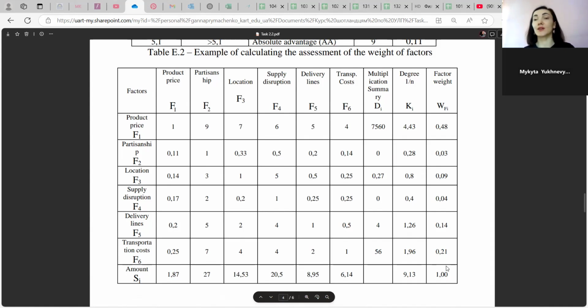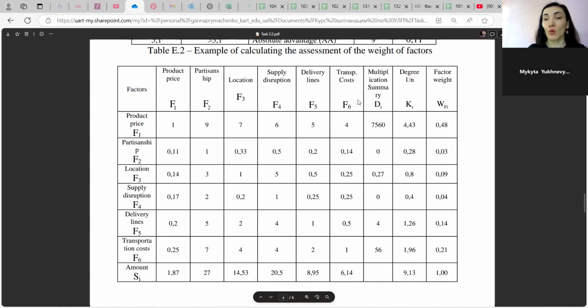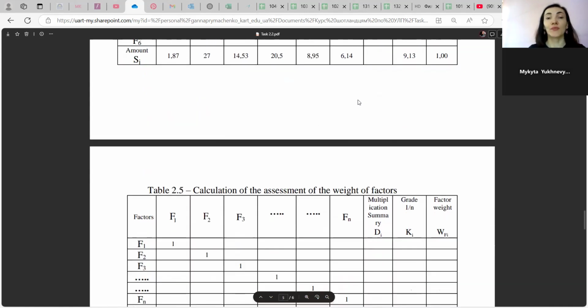So sometimes we could leave 2 points after the comma, and sometimes we could correct it because the sum will be 1. It is the main result of this task: finish this table and find all factor weights, and the sum of these factor weights will be equal to 1. It is the best result.